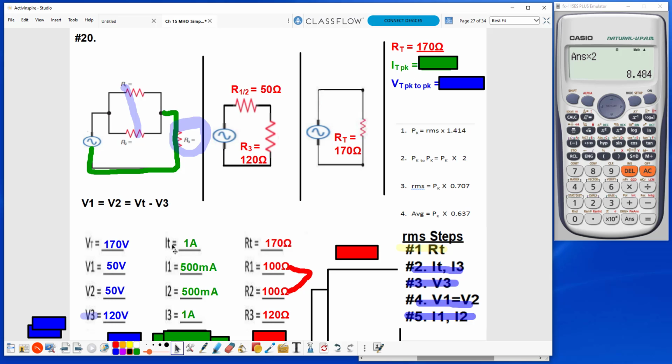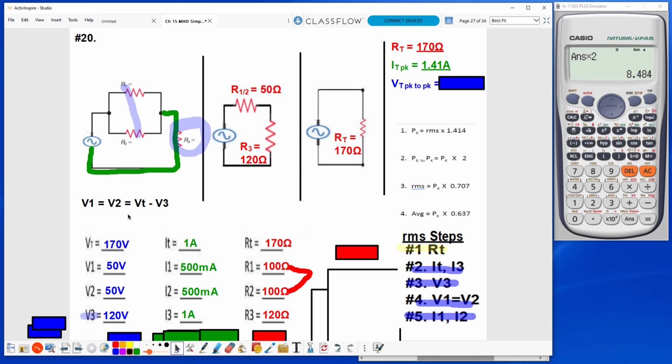Next is IT peak. Here we have an IT value of 1 amp. So looking for peak, we take that 1 amp RMS value times 1.414, and that gives us our IT peak value of 1.41 amps. Next, we're looking for VT peak to peak.